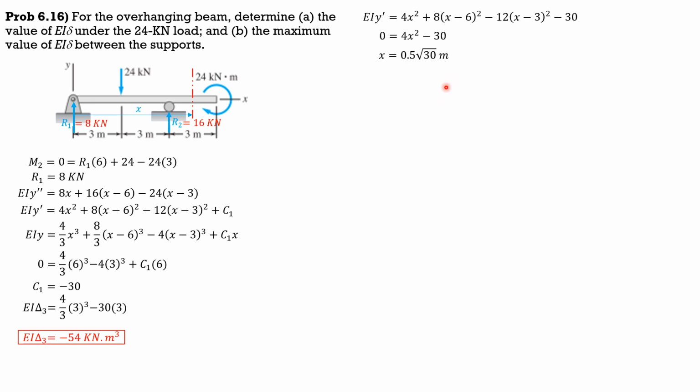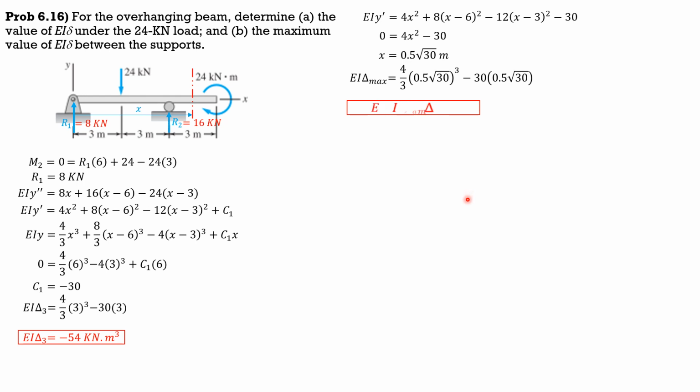Then substitute into EI y, and set x equals 0.5 square root of 30, and that corresponds to the maximum deflection. So EI delta max equals 4/3 quantity 0.5 square root of 30 cubed, ignored, then minus 30 times 0.5 square root of 30.